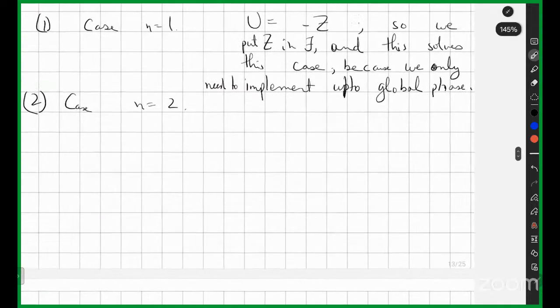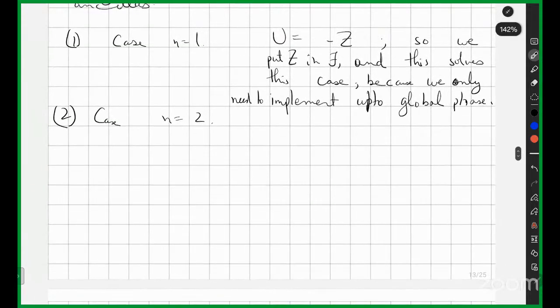So let's try to just write out the matrix. The matrix looks like this. It looks like minus one.